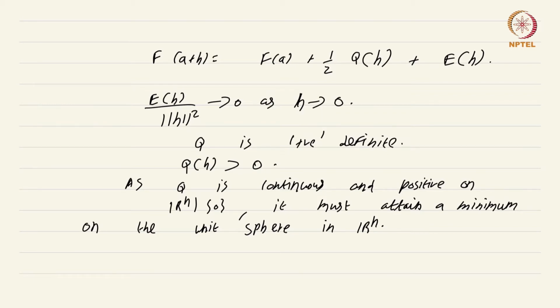So it must attain a minimum value, and this minimum value, this is the key, is strictly greater than 0. Because Q does not take the value 0 at any point on the sphere, this minimum must be strictly greater than 0. So I'm just going to call it m, little m.